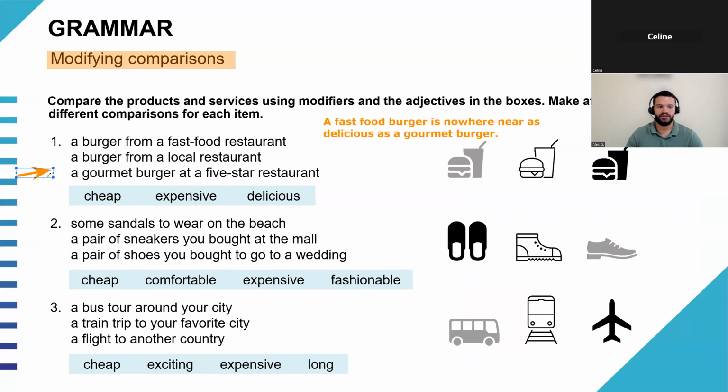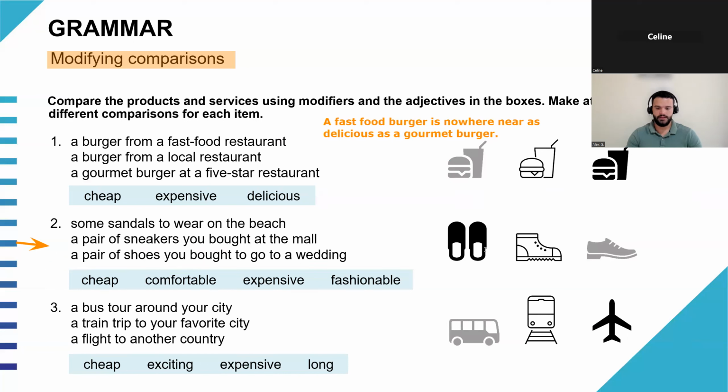Maybe we can talk about clothes. We can talk about shoes, sandals, shorts, jackets, maybe a hat. Cheap, comfortable, expensive, and fashionable.